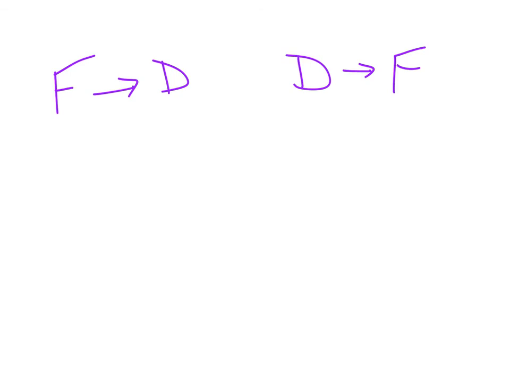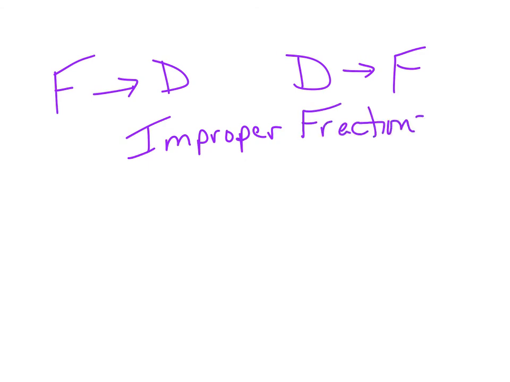Now there's one thing that I want you to realize: when you have improper fractions, you need to be careful with that because they try to trick you with it. So you want to make sure that you understand it. Say, for instance, I have 5/4.